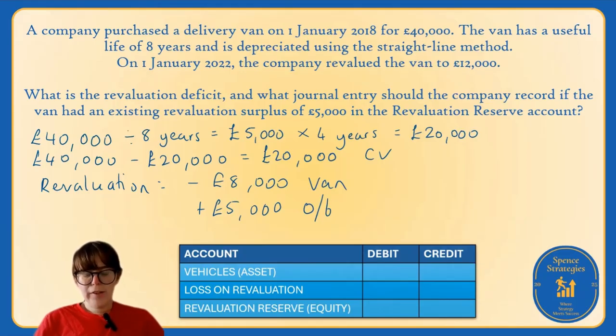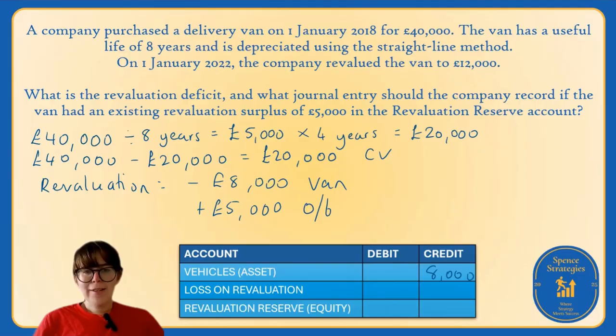So in order to record this then, because my vehicles account we know is usually a debit, I'm going to have to credit £8,000 to my asset account of vehicles because I would have had the van valued at £8,000 higher than what it actually is at this date.